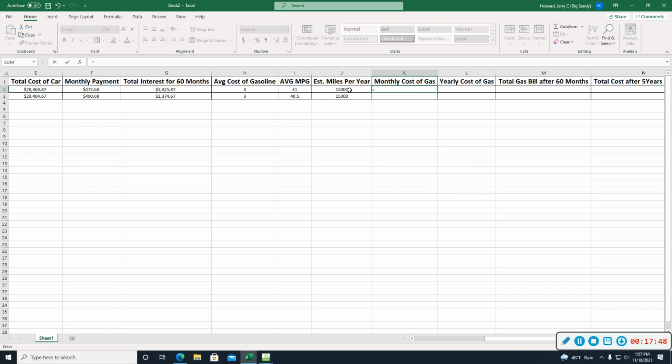So take 15, and first thing I want to do is put parentheses around this. Will be 15,000 miles, and I want to divide that by 12, and then I'll put that on there.